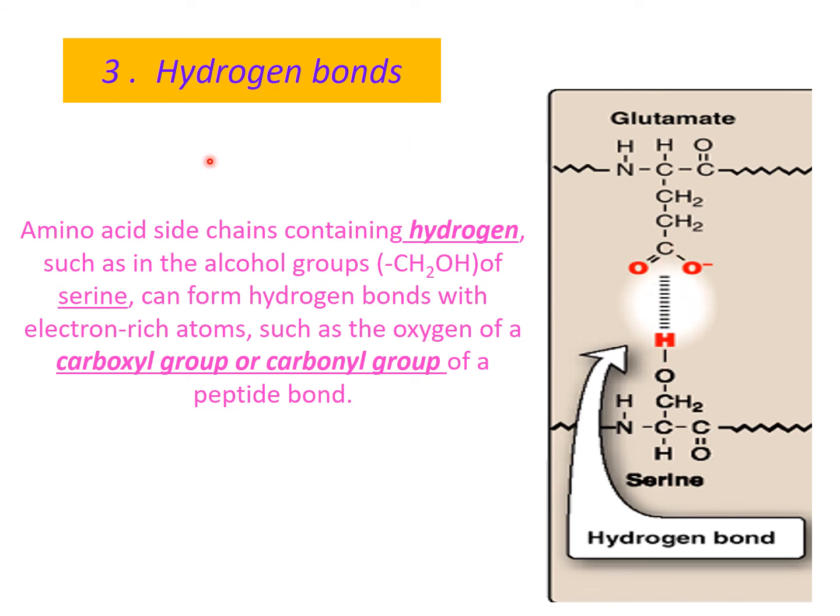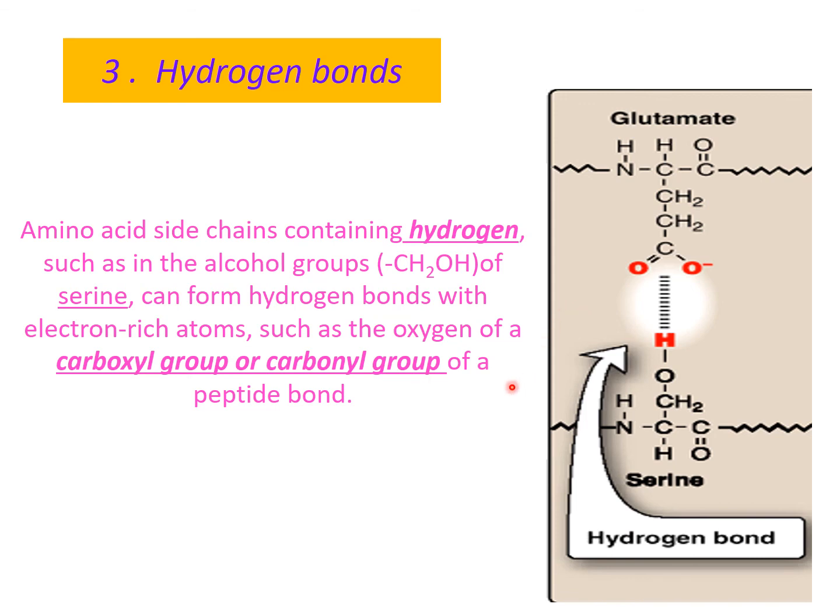Hydrogen bonds individually are a very weak binding force between amino acids, but collectively, because there are so many hydrogen bonds present in the protein structure, they are very strong.